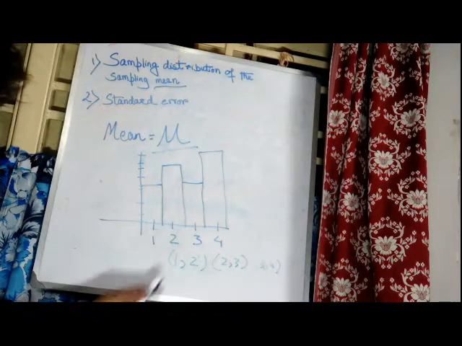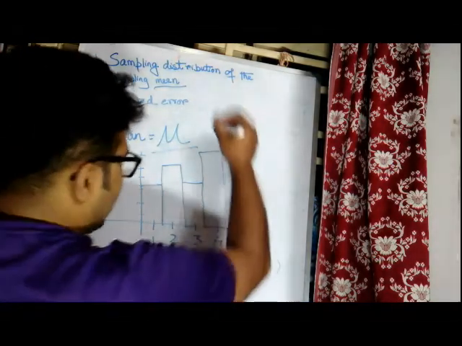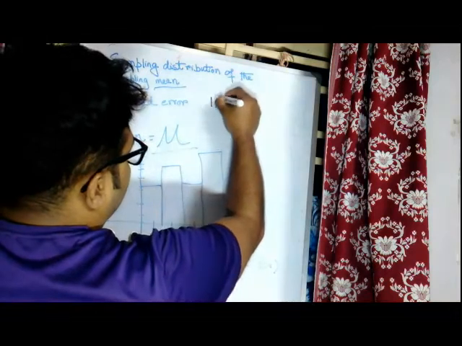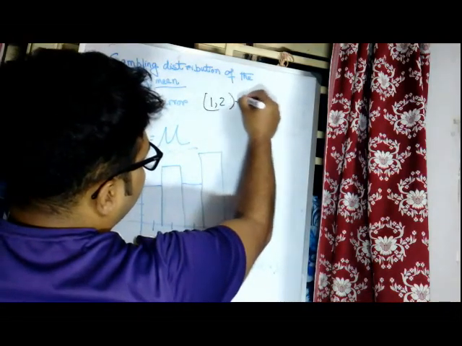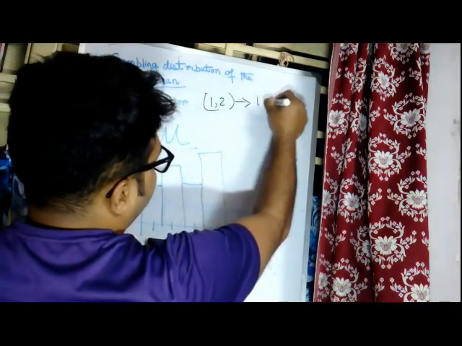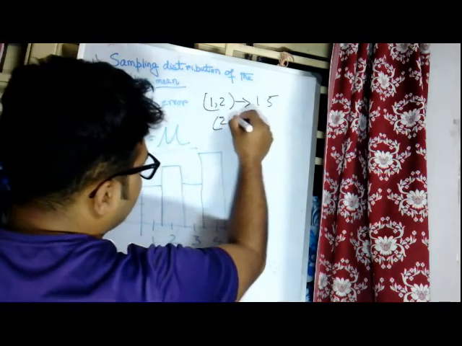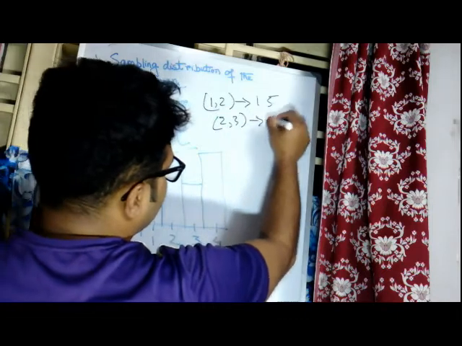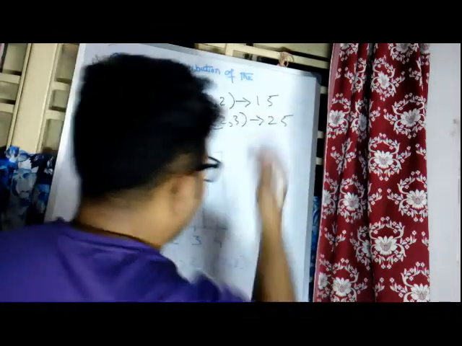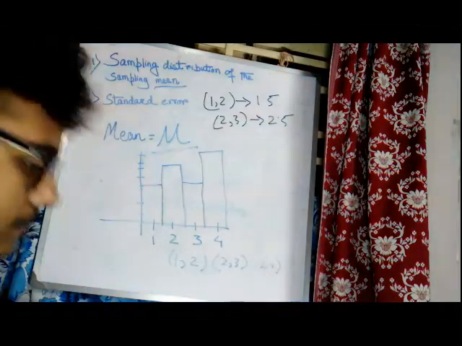If we take the sample 1 and 2, the mean of this one is 1.5. Again a sample 2, 3, the mean of this is 2.5, and we go on like this.